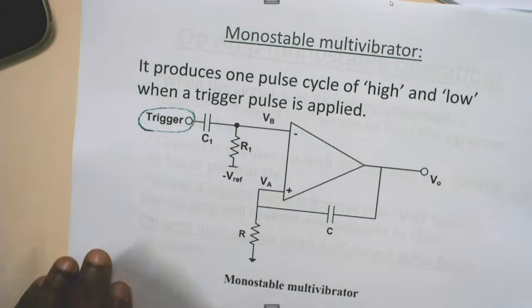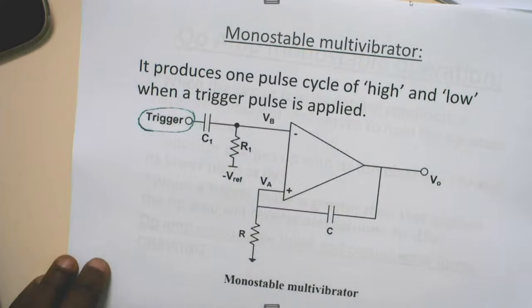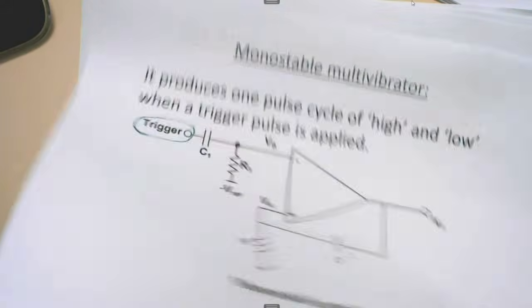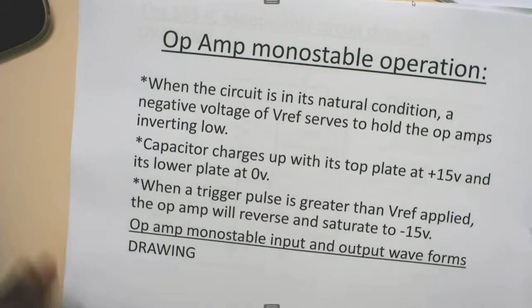This trigger pulse will lead the circuit to be high, and when you press it again it will make the circuit low. This is our op amp monostable multivibrator. Then let us go through the operation of the op amp.